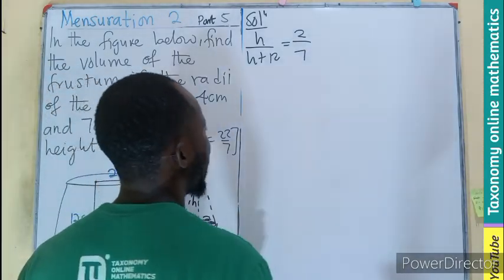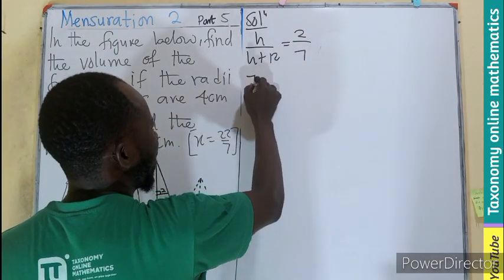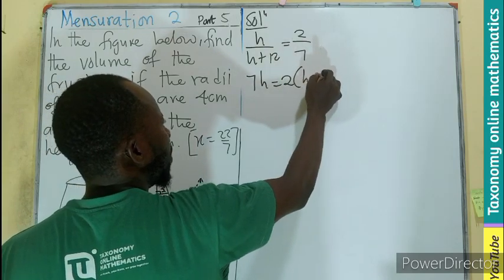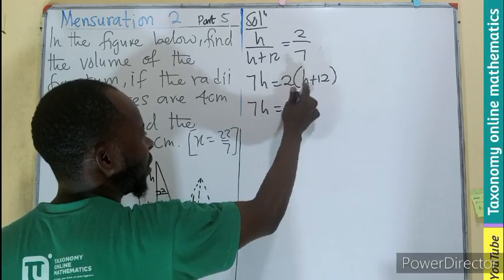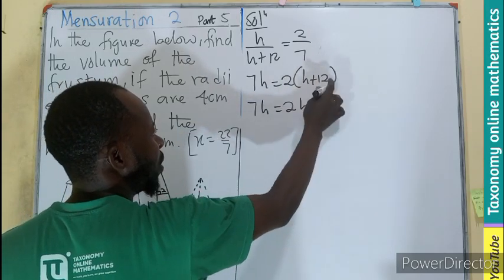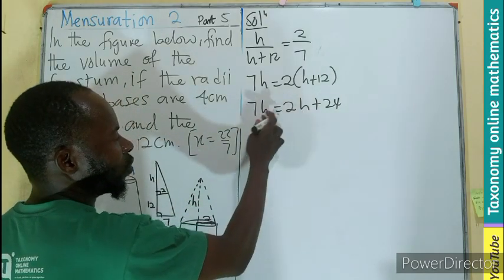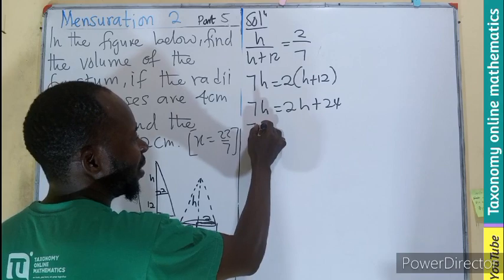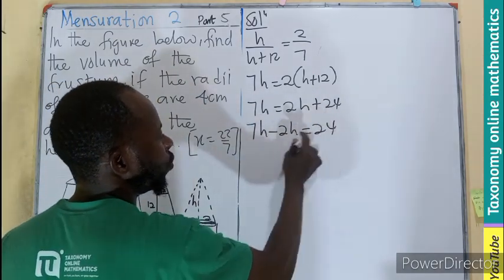So in this case, if I cross multiply, I have 7h equals 2 times (h plus 12). If you open this bracket, you get 24, right? Let this one come here, and that will give us 7h minus 2h equals 24.